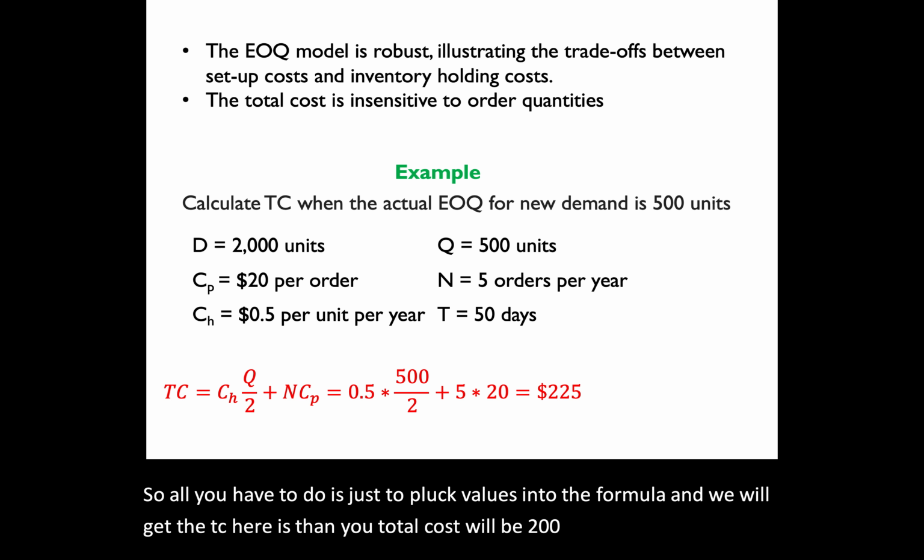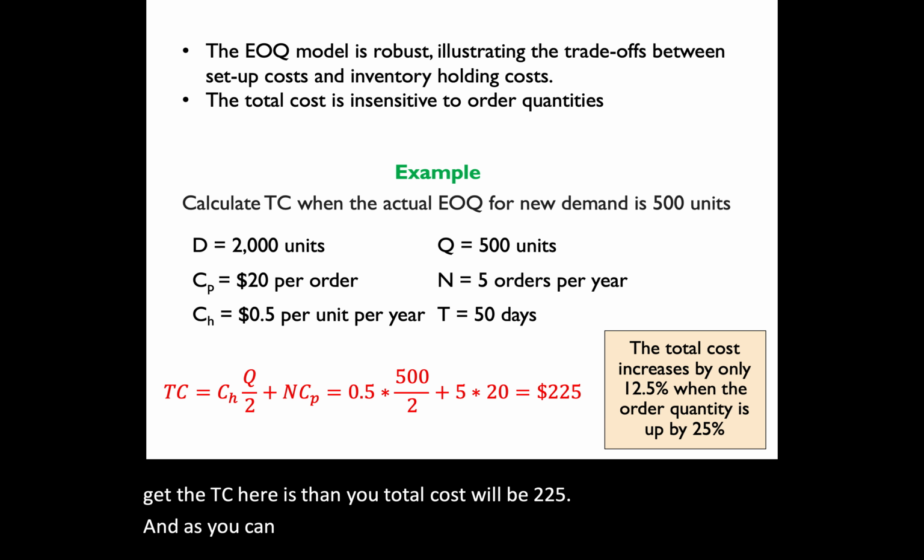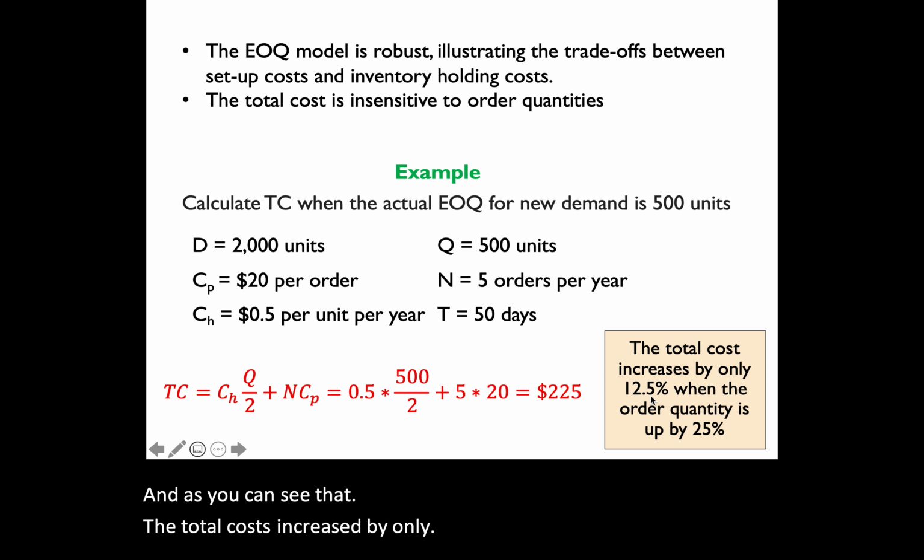The new total cost will be 225. And as you can see, the total cost increased by only 12.5%, from 200 to $225, when the order quantity is up by 25%.